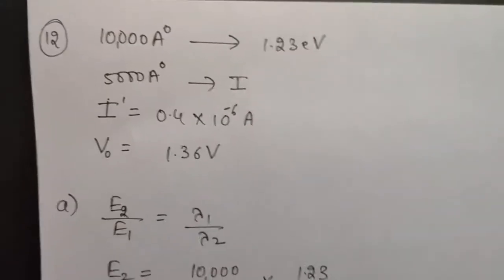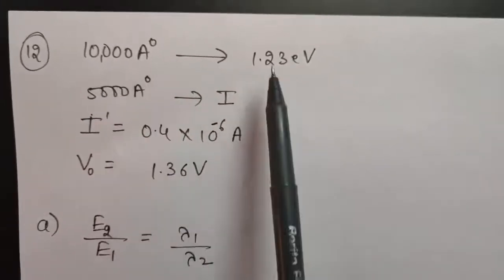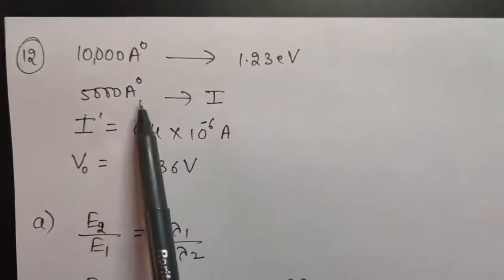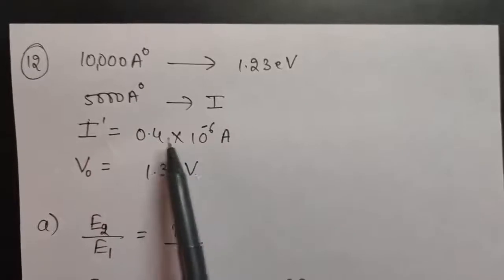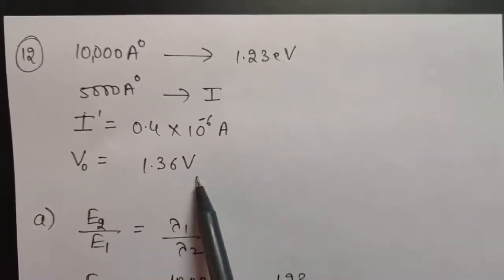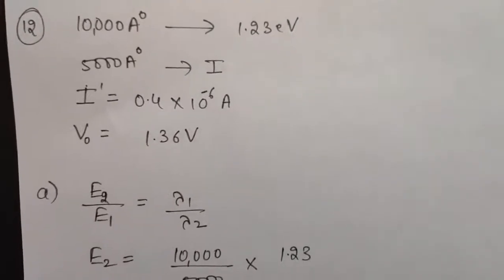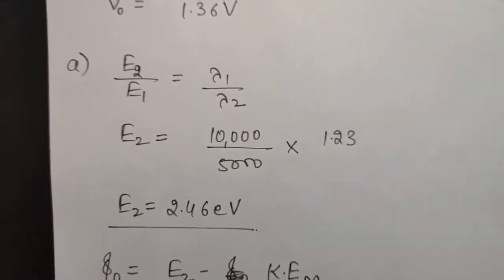Okay, so last is question number 12, in which it is given a photon of this much wavelength has this much of energy. When the incident light is of this much wavelength and intensity is I, then you have I dash, that is saturation current of this much, and your stopping potential of this much. So in first part you have to tell the work function of the metal. Now, as you know, energy is defined by hc by lambda.